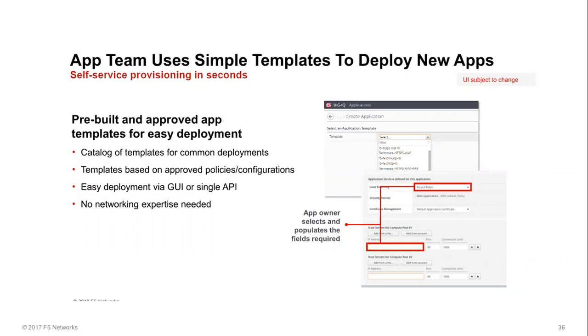On this, there is a built and approved app template for easy deployment of any kind of application that a developer or an organization is trying to come up with. So there is a catalog of templates for common deployments, templates based on approved policies or configurations, and it is easy to deploy, by GUI or single API. With this, no networking expertise is actually needed because of the way it has been designed.